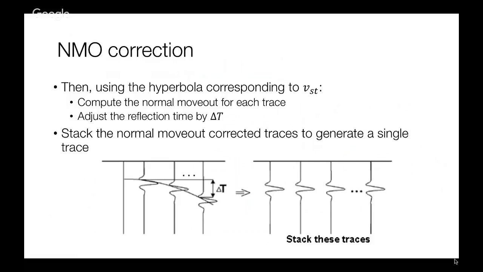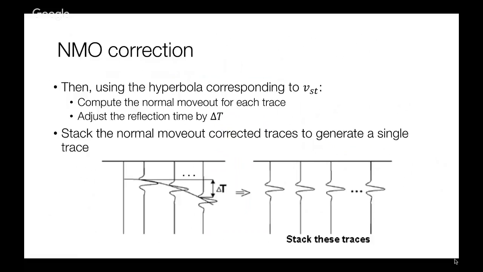So this shows what the NMO correction does. Once we have found this best fitting hyperbola, we can calculate our delta t's and subtract those off of these other traces so that we flatten that reflector.